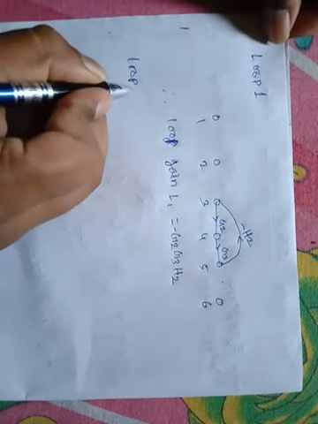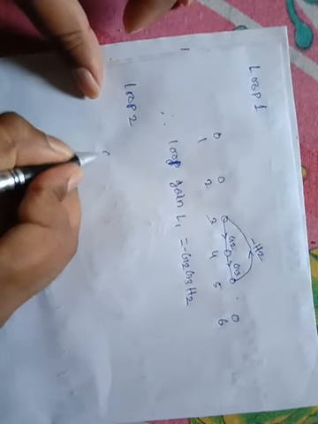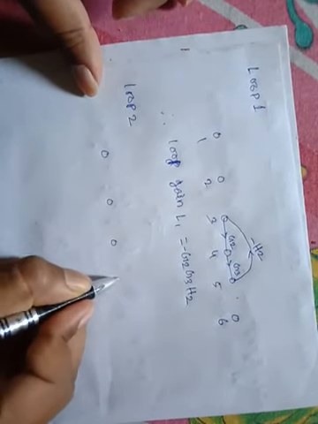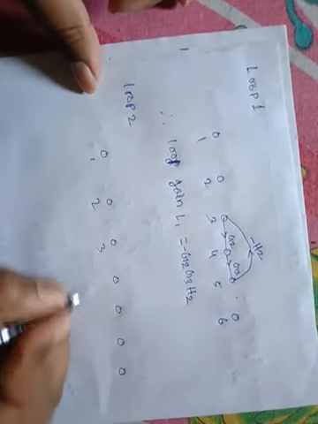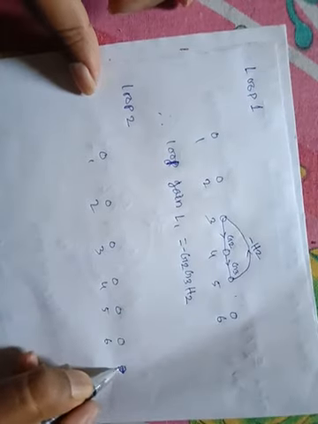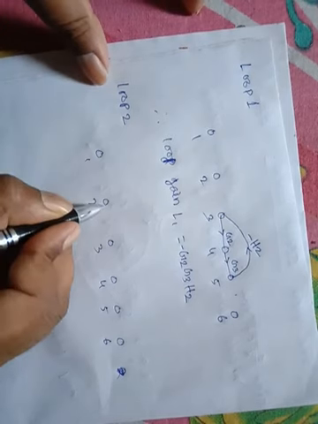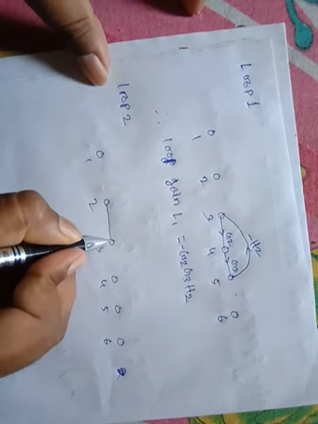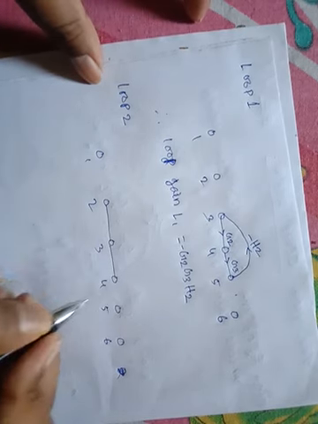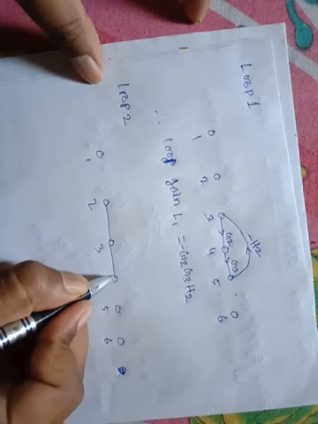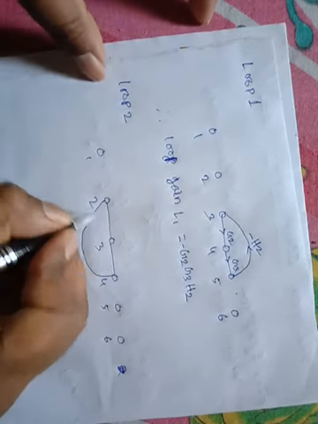Loop 2: 2 to 3, 3 to 4, and 4 is connected to node 2.